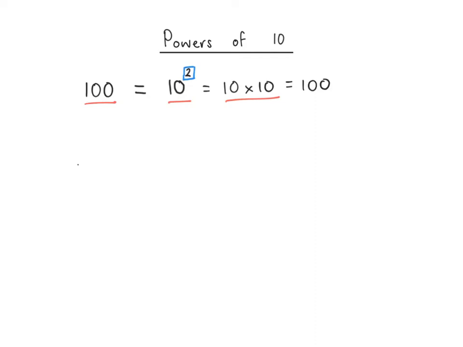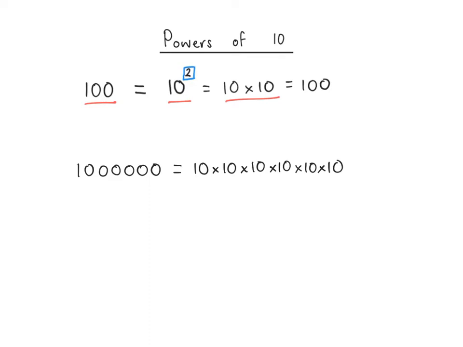What about the number 1 million? Can you pause the video now and see if you can write that in 2 other different ways for me? Okay, so one way I can write it is 10 times 10 times 10 times 10 times 10 times 10.